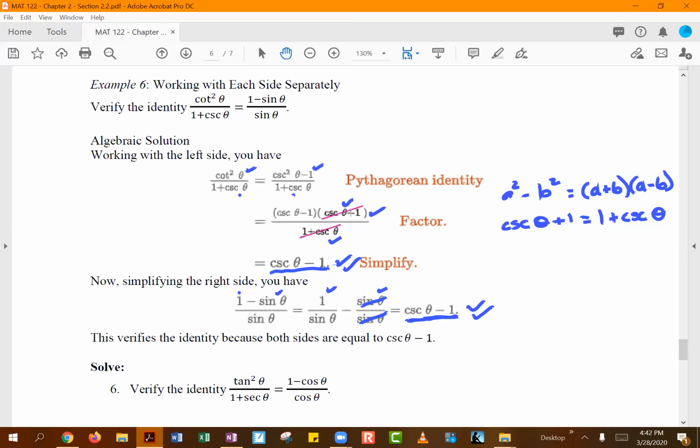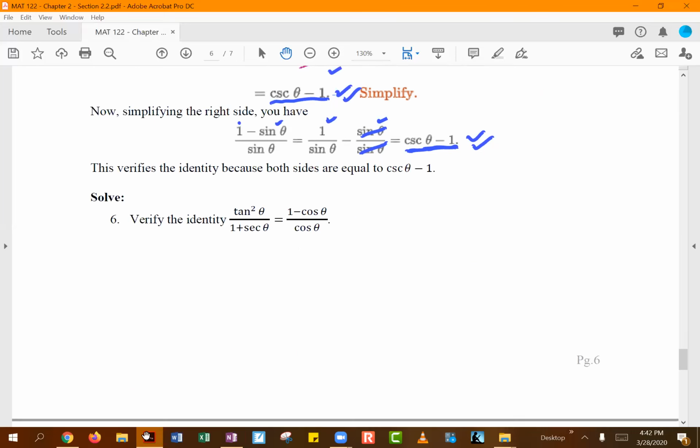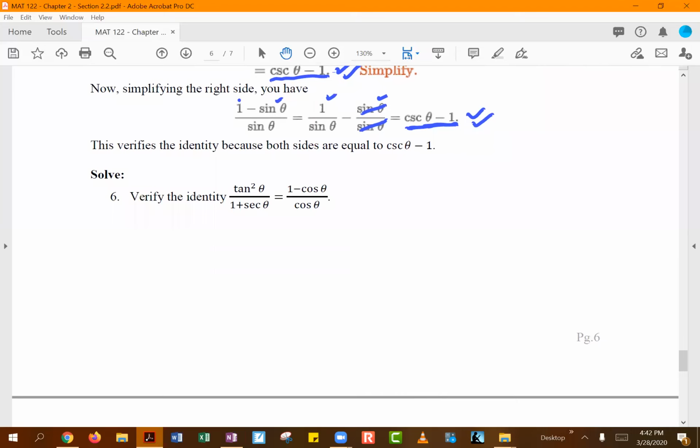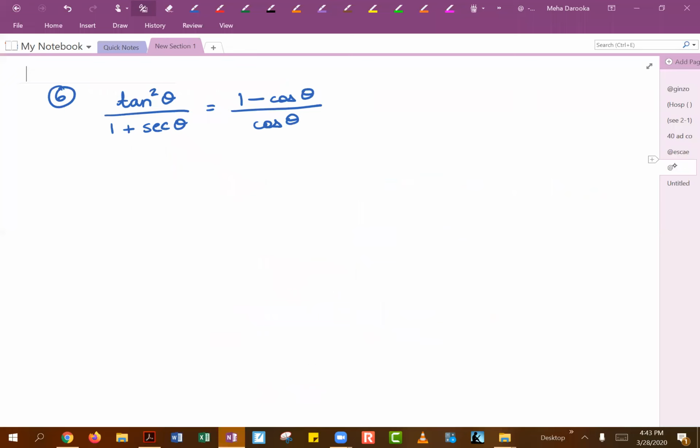And that's the exact same thing we are going to try and do with our problem number 6. So we are given tangent squared of theta divided by 1 plus secant theta, and that's equal to 1 minus cosine theta over cosine of theta. So let's take a look at this problem here.